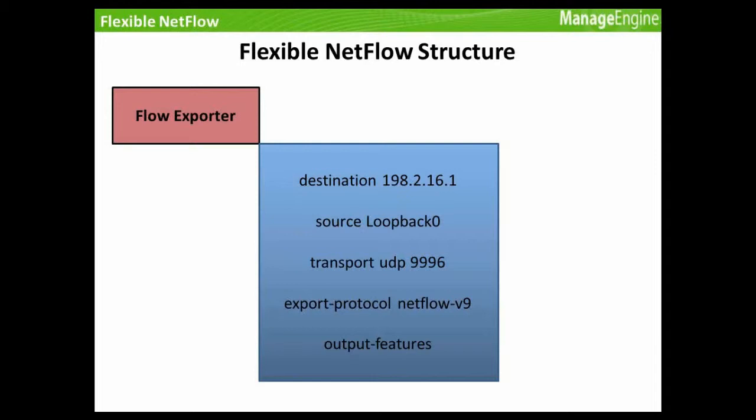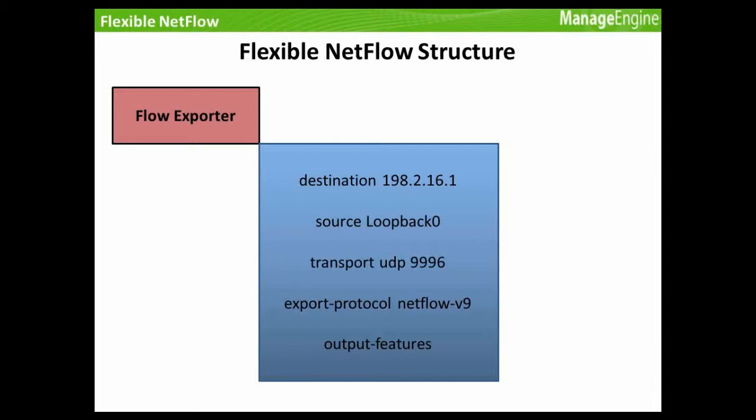That is the export protocol, NetFlow V9, or you can use V5. For now, they have given V5 support for backward compatibility. And output features is one of the other options in flexible NetFlow export. This is used for exporting NetFlow packets over a crypto main node.